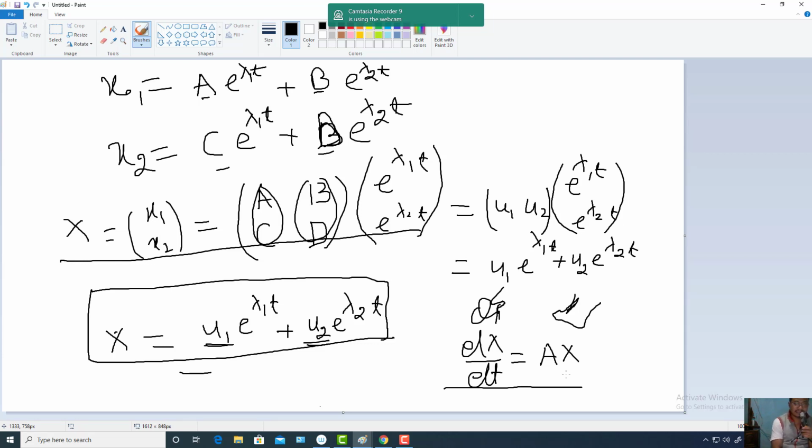We know that lambda 1 and lambda 2 are the eigenvalues of the matrix A. So this is a solution. Let us differentiate it.